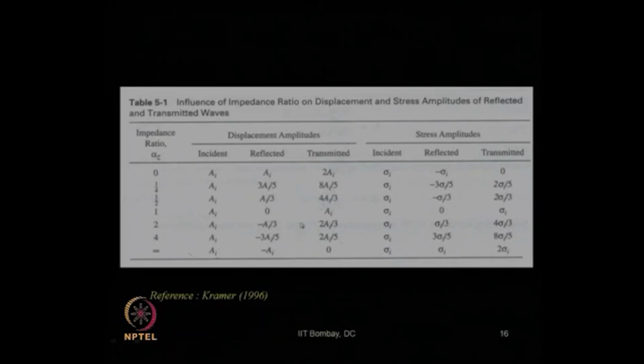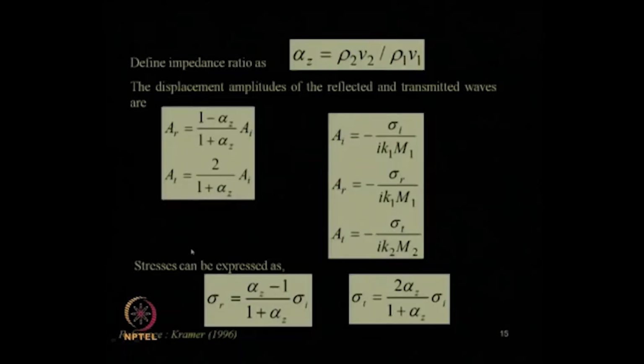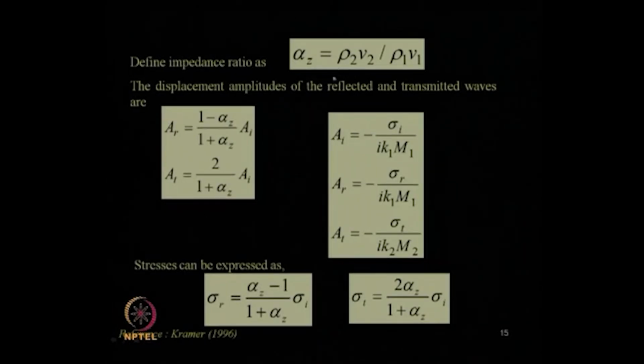Okay? Now, what are the common practical forms of impedance ratio for our geotechnical earthquake engineering? If we go back to this definition of impedance ratio, we will see typically when we come from layered soil.